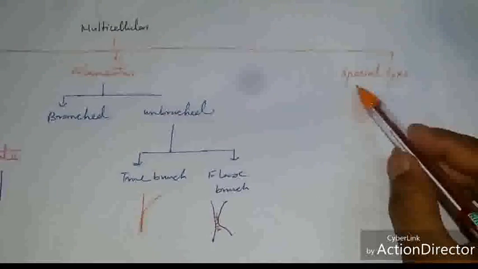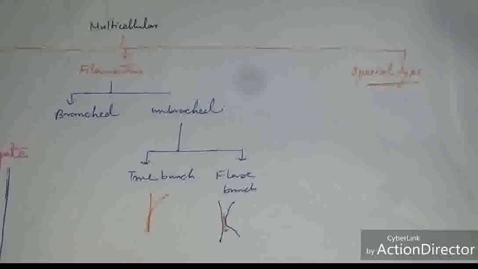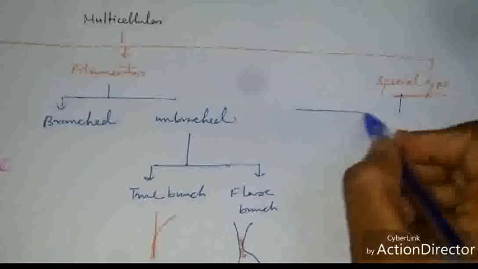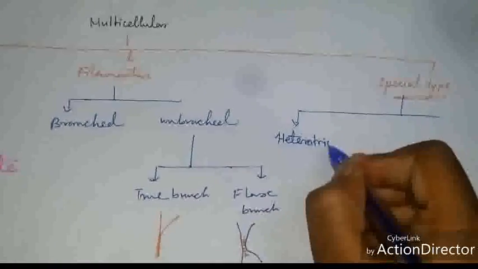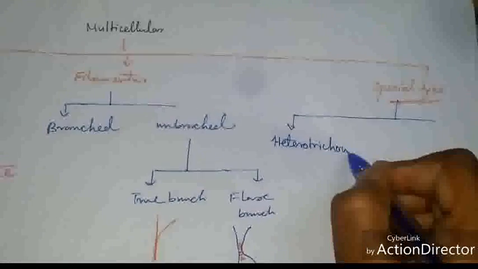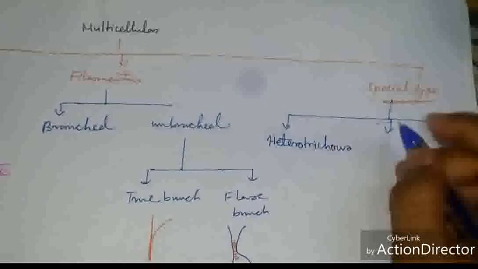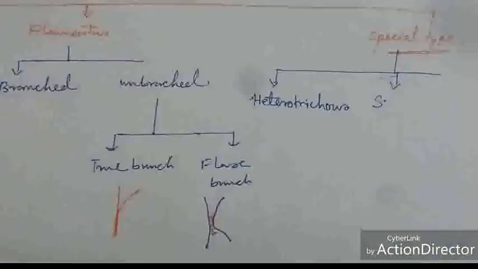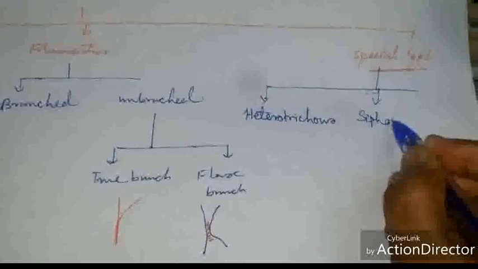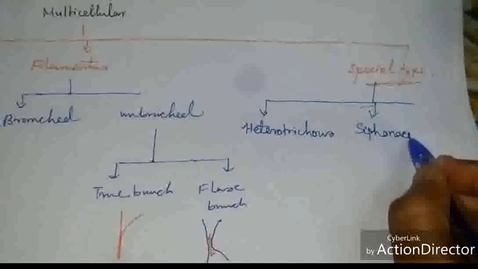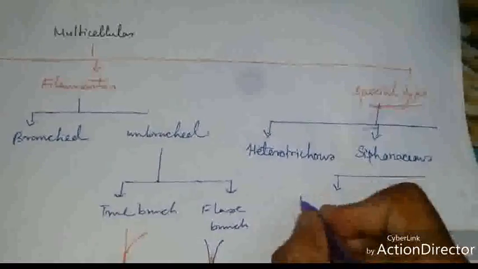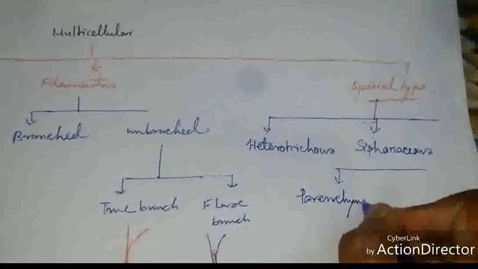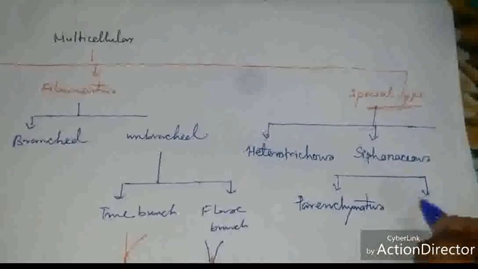Now the special type algae. Special type algae is divided into heterotrichous, siphonoceous, parenchymatous, and pseudoparenchymatous.